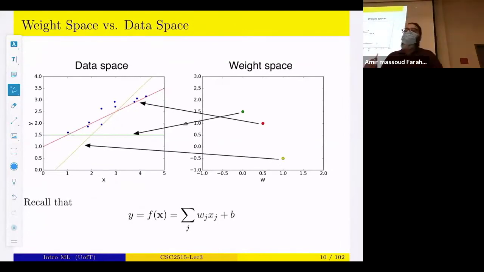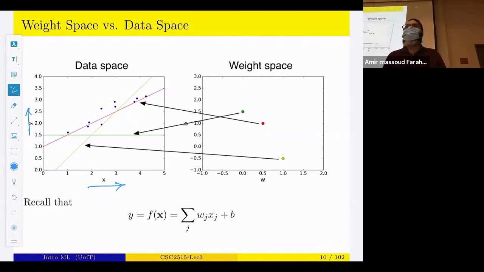Then I talked about the data space and weight space, and I think there was a question here, so I tried to discuss it again. The data space is essentially the relation between input and output. This is a one-dimensional input and one-dimensional output, so a linear model describes a line in this case.